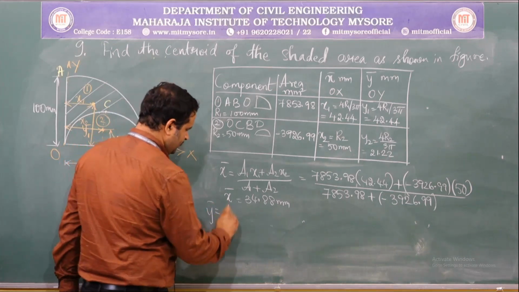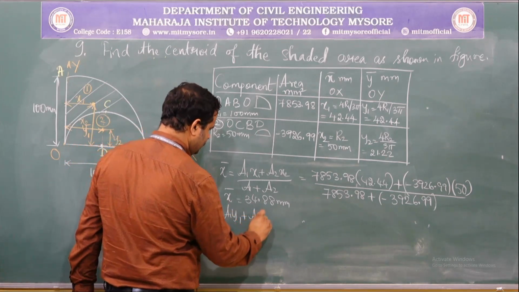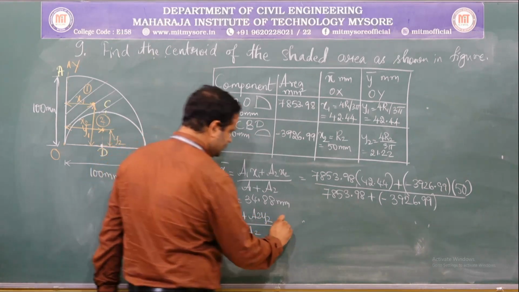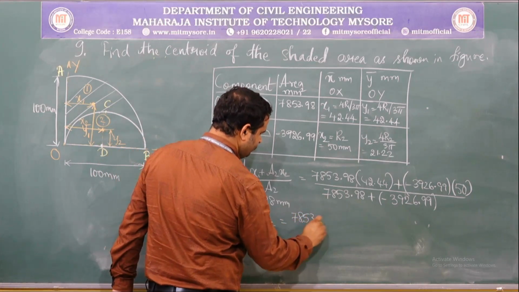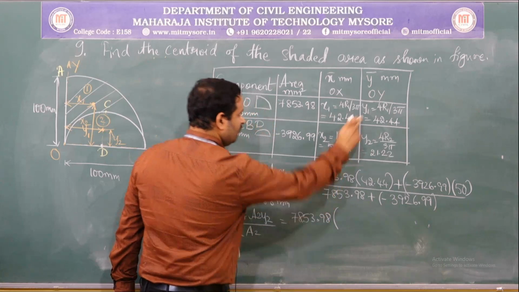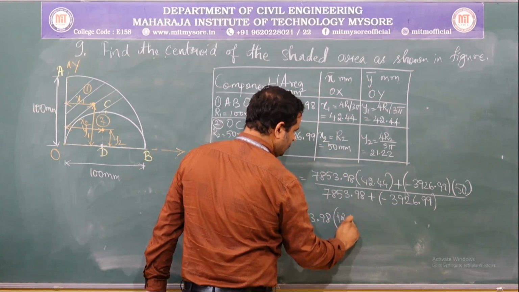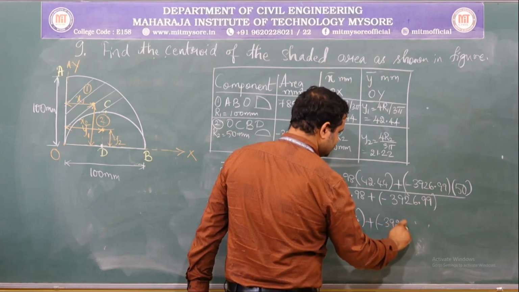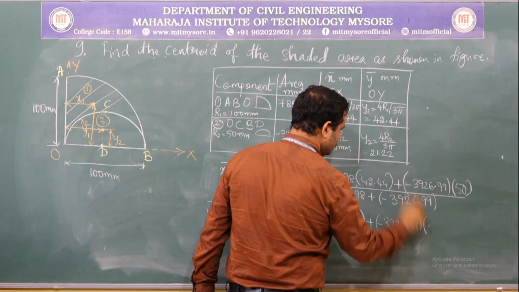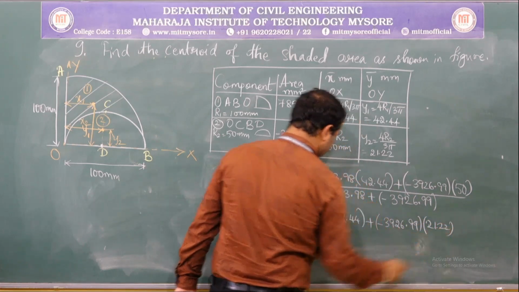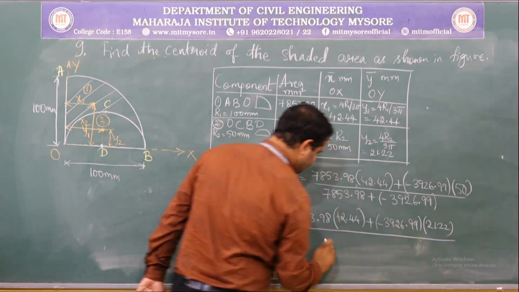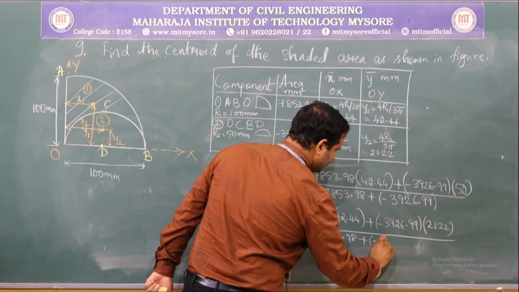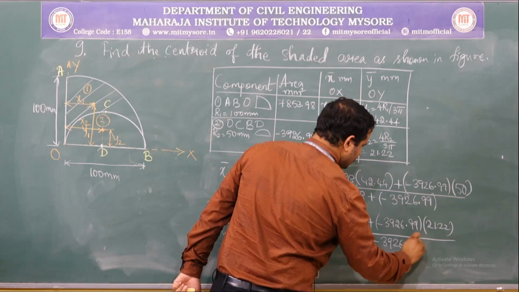Similarly, y bar, a1 y1 plus a2 y2 divided by a1 plus a2, which is equal to 7853.98 into y1 42.44 plus minus 3926.99 into y2 21.22 whole divided by 7853.98 plus minus 3926.99.